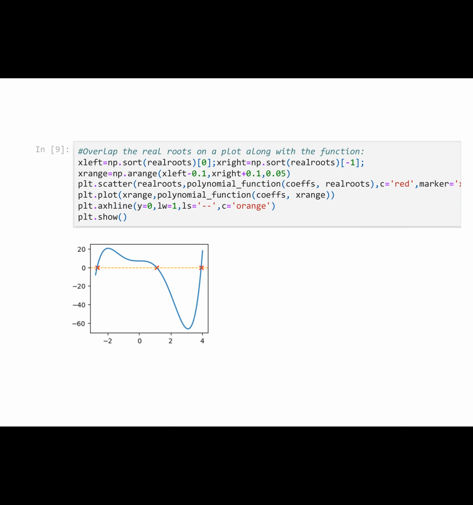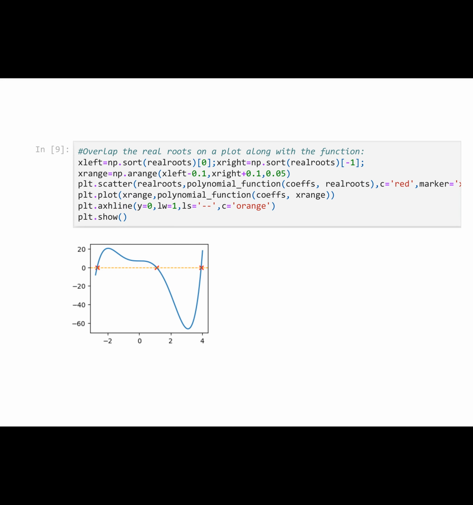Now that we have a way to filter out only the real roots, this code block demonstrates how to create a more accurate plot. It uses the real_roots array, which contains only the genuine real solutions to our polynomial equation. An appropriate x range is determined based on these real roots to ensure they are well displayed.